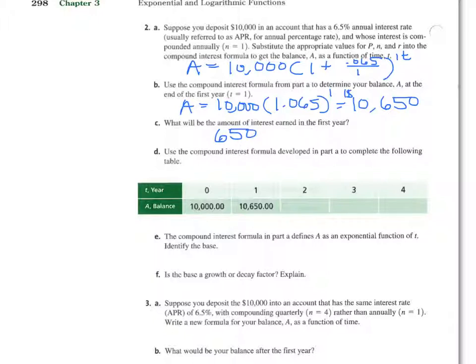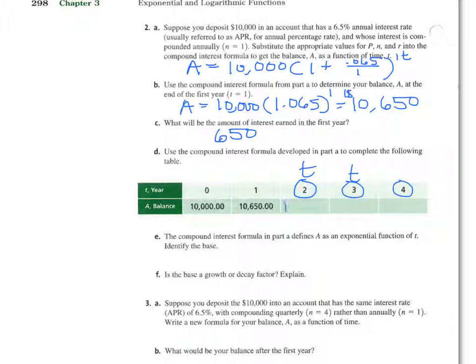So now let's compare for part D. This is the same, still compounded annually, just one time a year, but we're going to figure out how much we have after 2 years, 3 years, 4 years. So if we just keep using this formula, t is going to be 2, t is going to be 3, t is going to be 4. So after 2 years, everything else is the same but t.